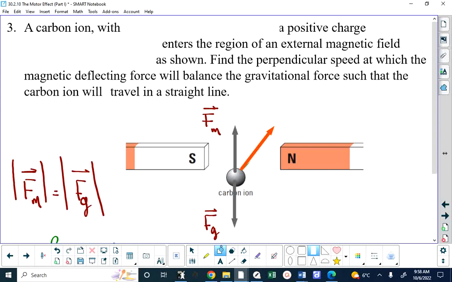You might be told that. You might not be told any numbers. The question says, you got a carbon ion that's positive, it enters the magnetic field as shown. How fast does it have to be traveling to be undeflected?